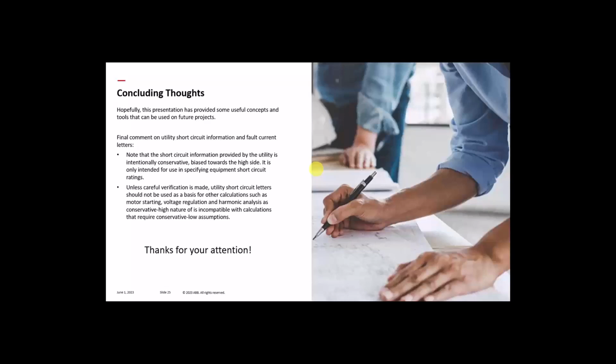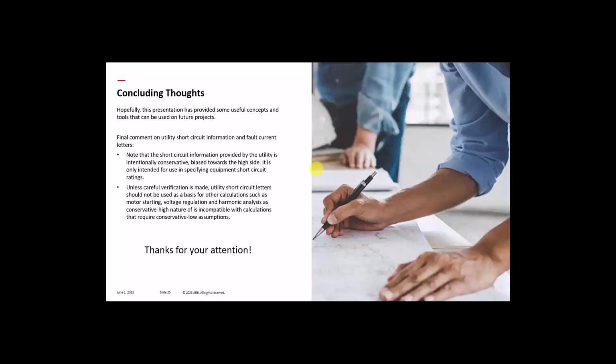This brings me to the second point. Unless very careful verification is made, utility short circuit letters should not be used as a basis for other calculations, such as motor starting, voltage regulation, and harmonic analysis, as the conservative high nature that you're going to get is incompatible with calculations that require a conservative low assumption.